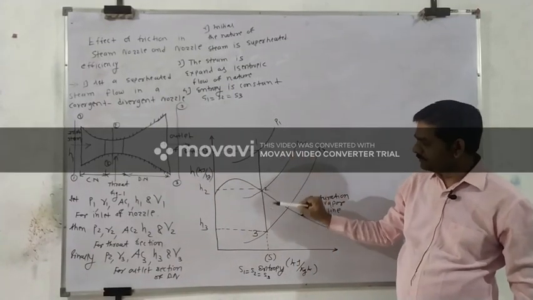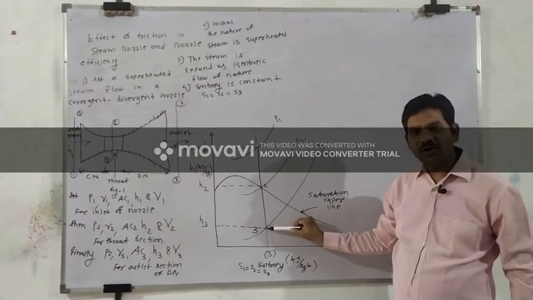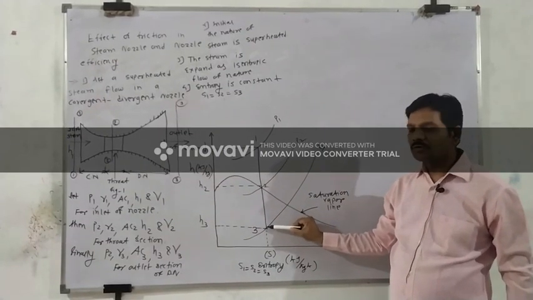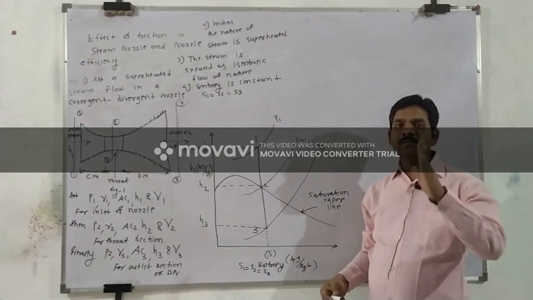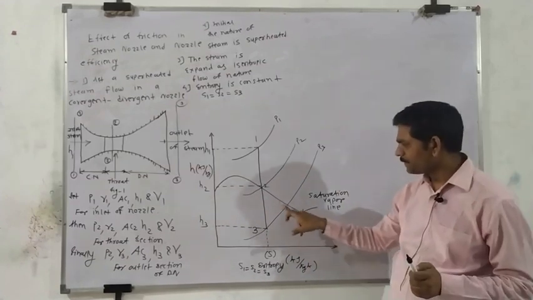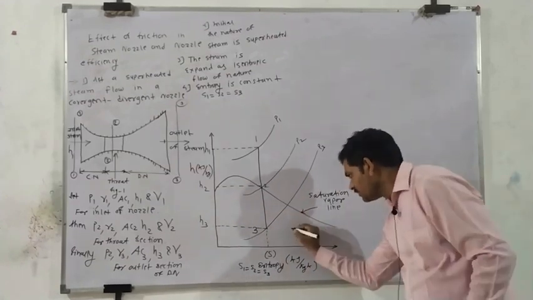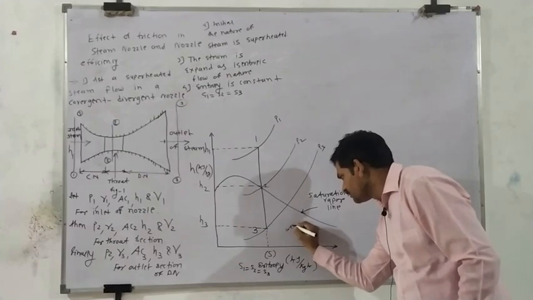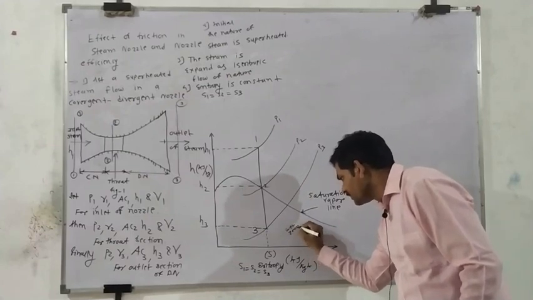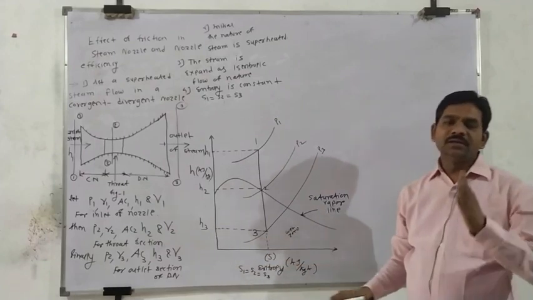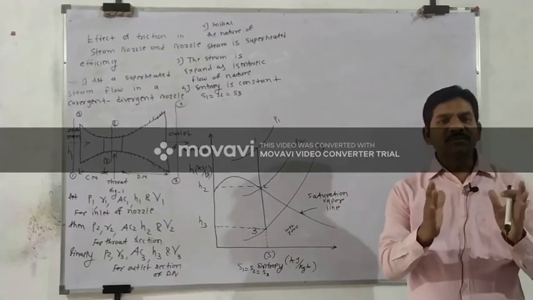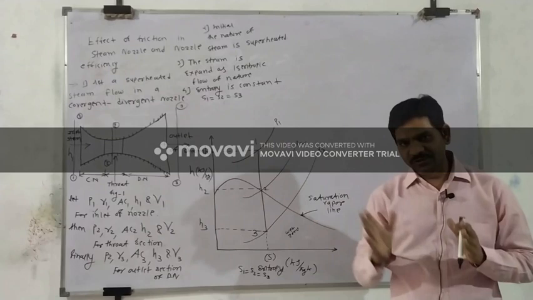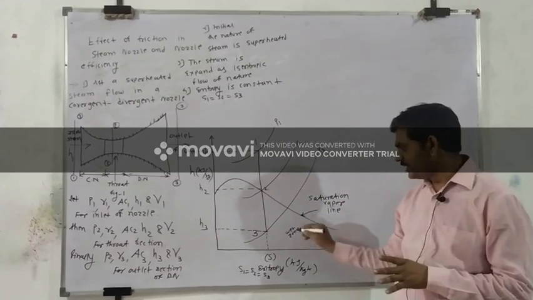Superheated steam. Then when the steam is exhausted from the nozzle, what is the quality of the steam? The quality of the steam is wet steam. You observe in the diagram, because below the saturation zone, which zone is this? This is the wet zone, with the steam in wet form after the expansion of steam through the nozzles. Okay. So this is the wet zone.